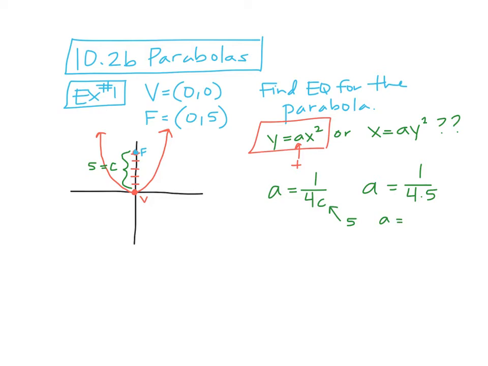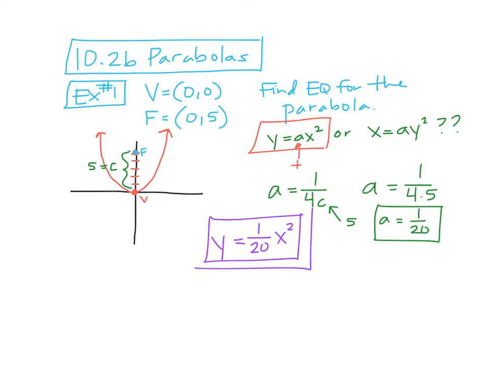So a is 1 over 20. And like we said, it's positive, it is opening up. So when they ask you to write the equation, your equation will be y equals 1 over 20 times x squared. Okay, so that is your answer.